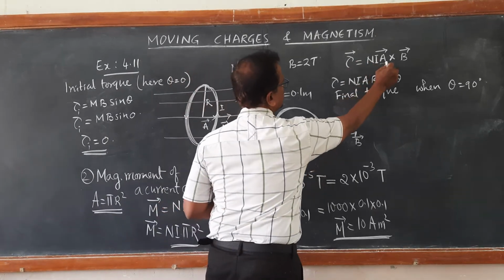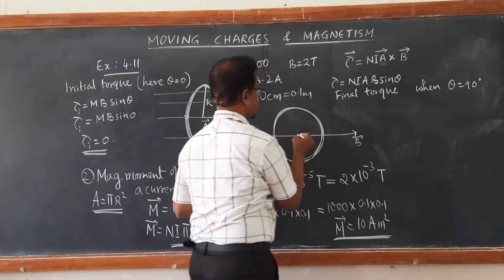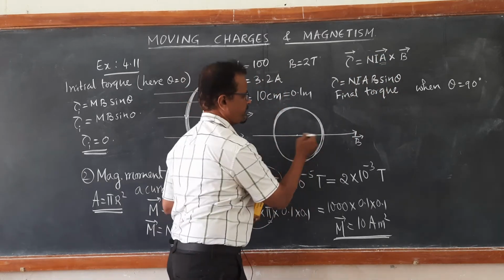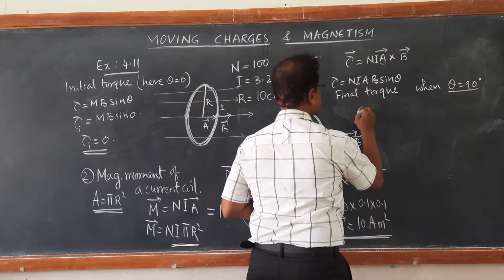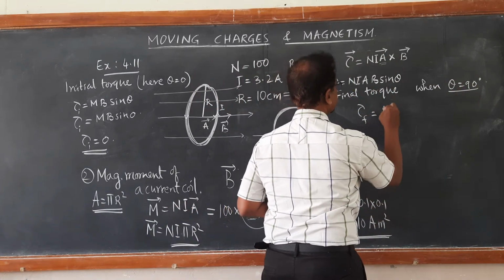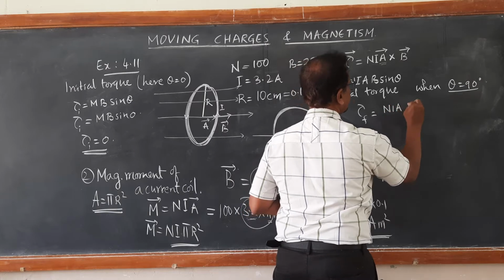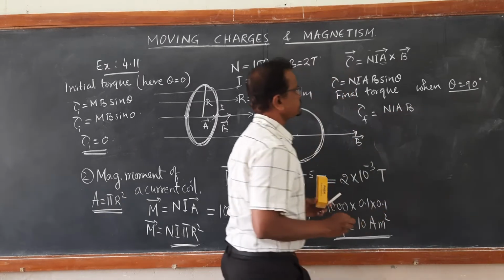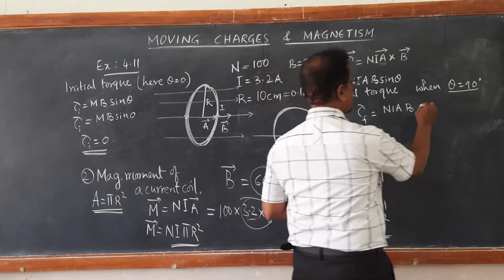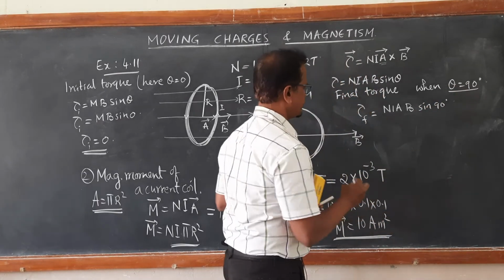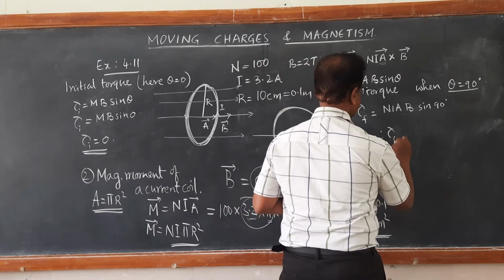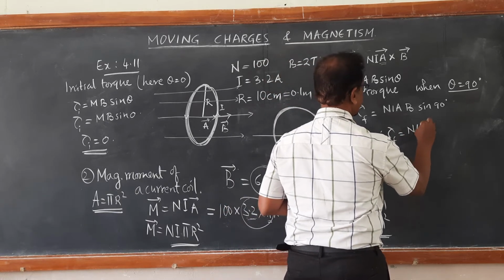So, it is perpendicular to the magnetic field, and thus theta becomes 90 degrees. So tau F is equal to NIA into B into sine 90. Sine 90 becomes 1. Therefore, tau F is equal to NIAB.